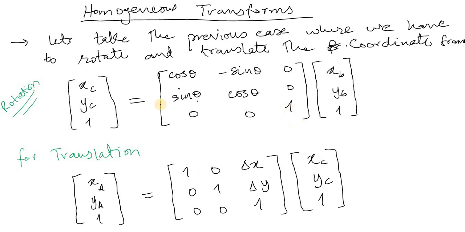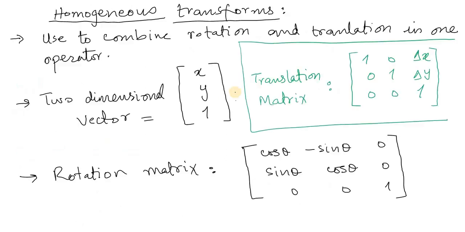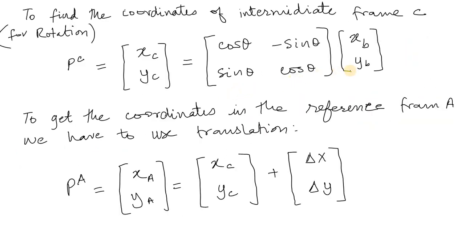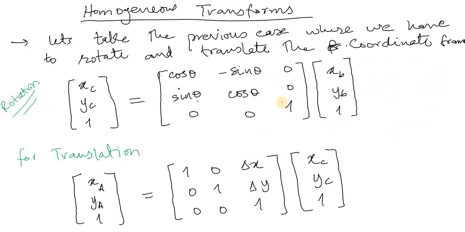For rotation, we multiplied the coordinates of your rotated frame with the rotation matrix, as we did here. You remember, we multiplied the coordinates of the rotated frame with the rotation matrix. But here the difference is that we have this third row in the matrix.